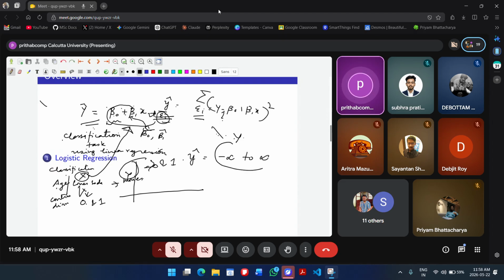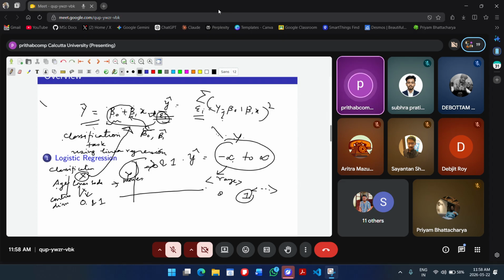So if you have such a big value, how do you interpret it as class 0 or class 1? Maybe you can use ranges: if it is in this range, I say class 0, and if it is in another range, another class.